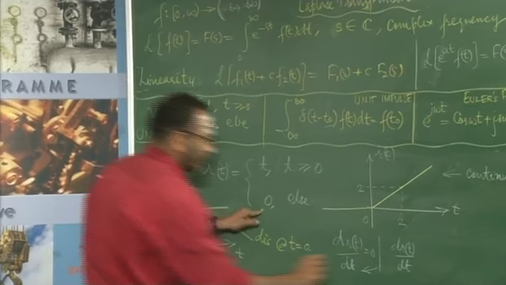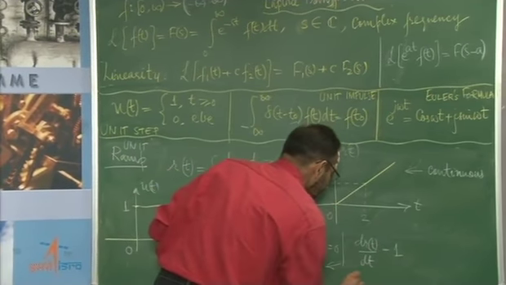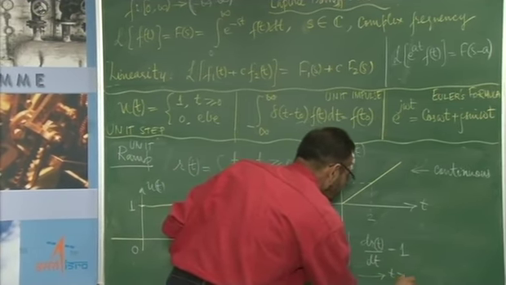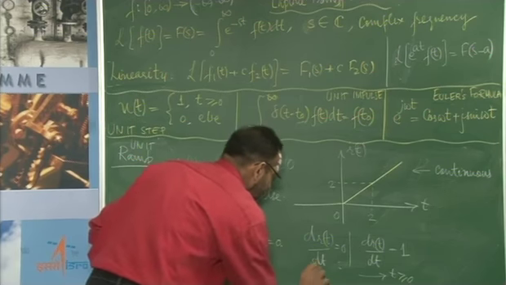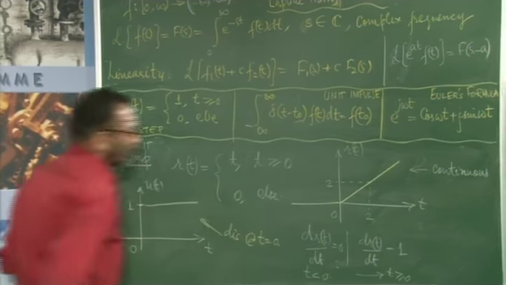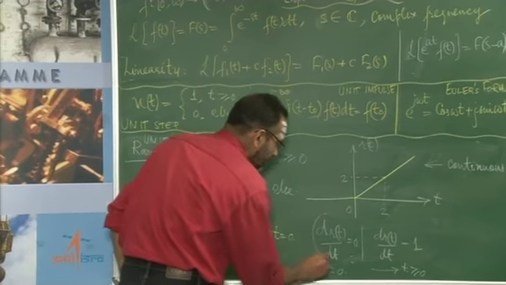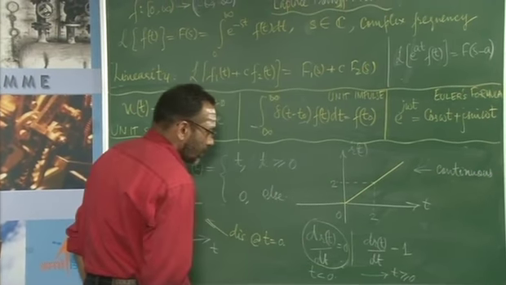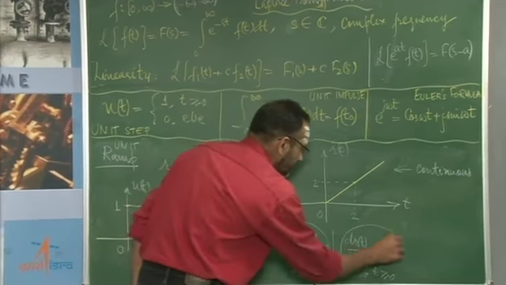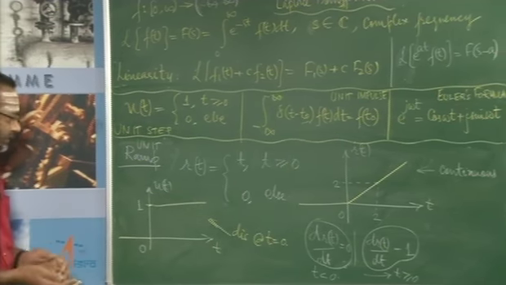Therefore, if I differentiate this, I will get 1. This is for t greater than or equal to 0, and the 0 is for t less than 0. Now, look at this: for t less than 0 it is 0, for t greater than 0 it is 1. What does it tell you?